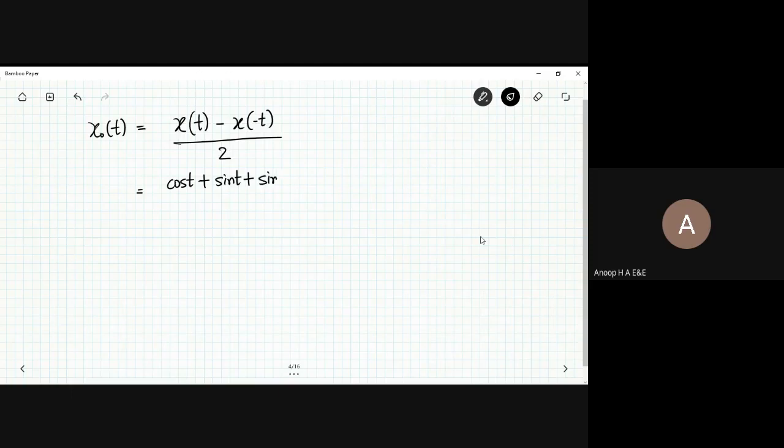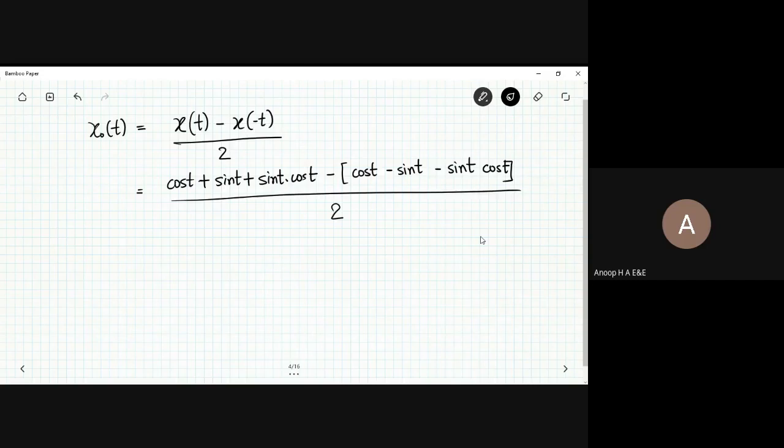Minus x of minus t, which is cos t minus sin t minus sin t cos t. Then divide it by 2 again.